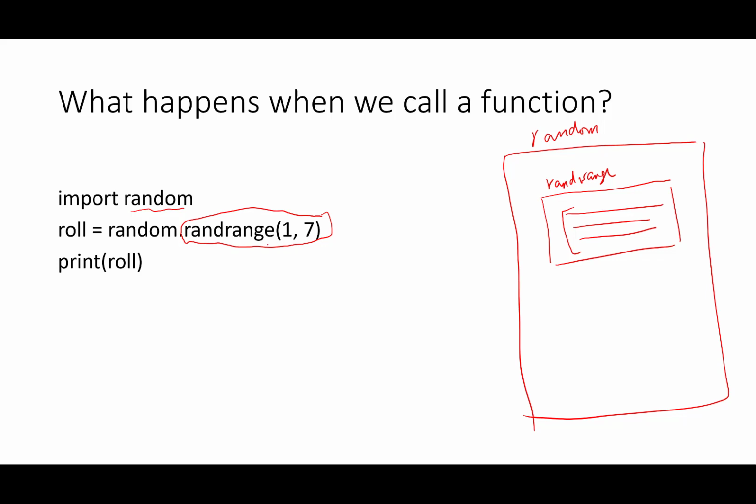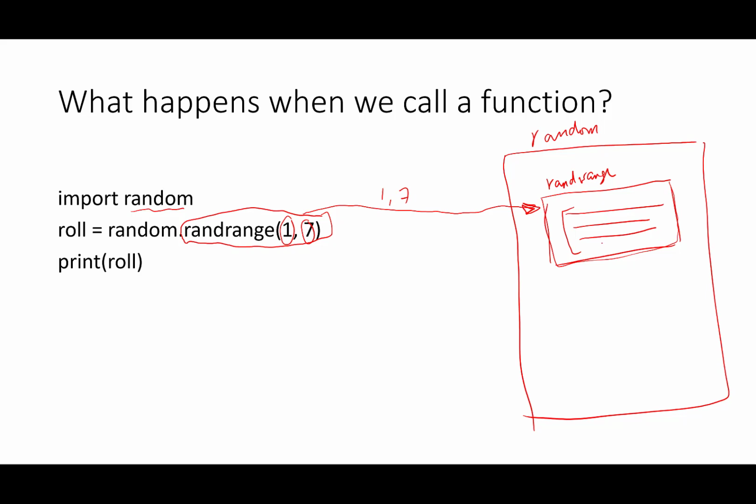When we call the function, what essentially happens is that execution of our Python program transfers over to the code that's defined in rand_range, and in the process those two values, 1 and 7, are transferred over to rand_range, the function.